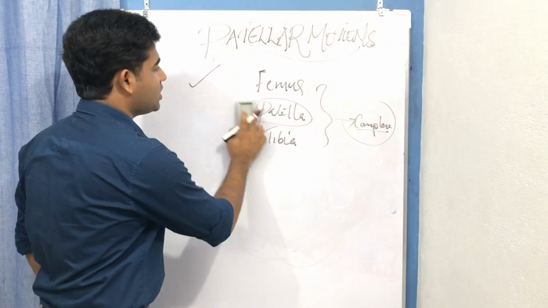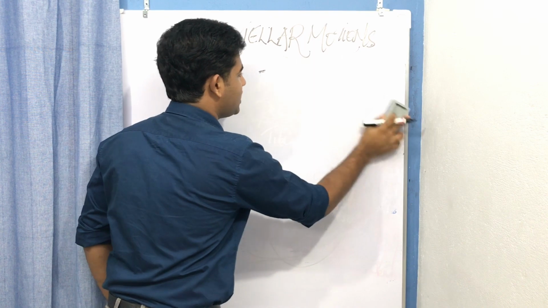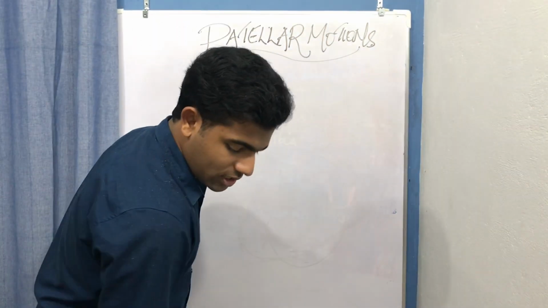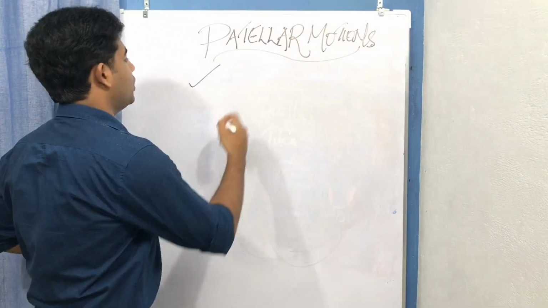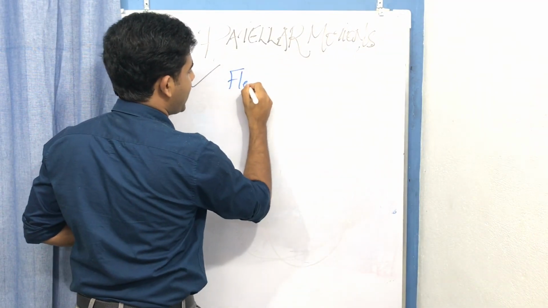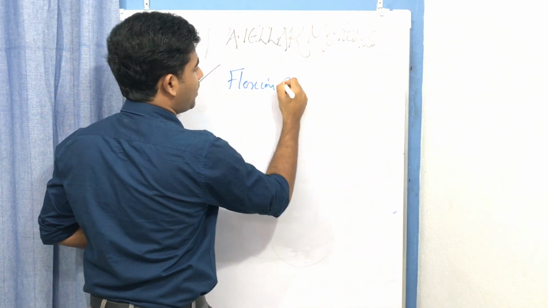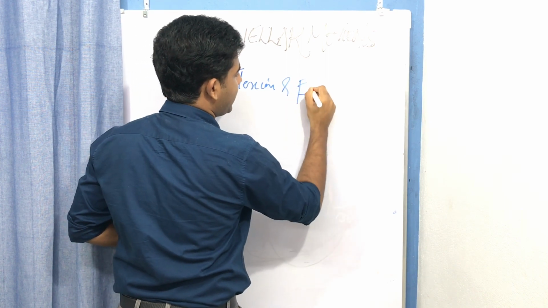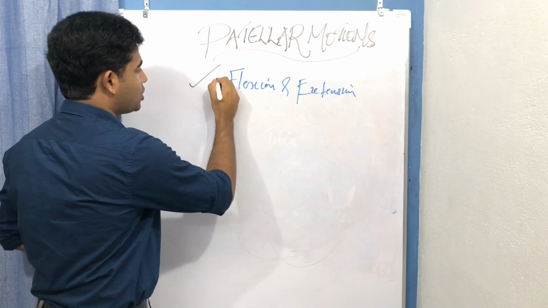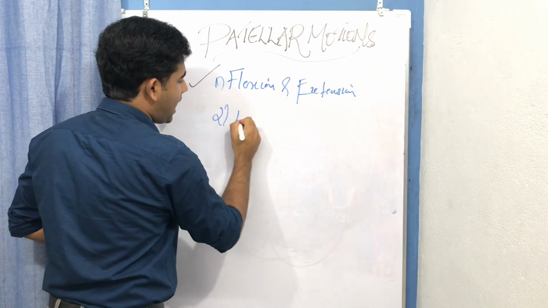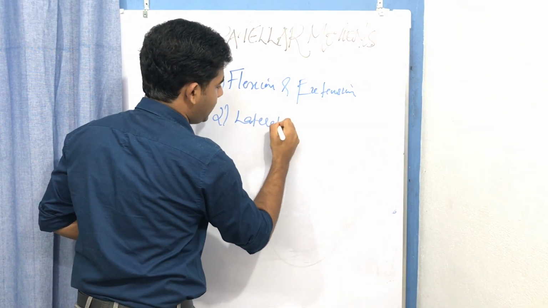When we discuss the motions, we see that the patella can have the following motions. The motions of the patella include flexion and extension, the patellar flexion and extension, right? The second motion is lateral and medial tilt.